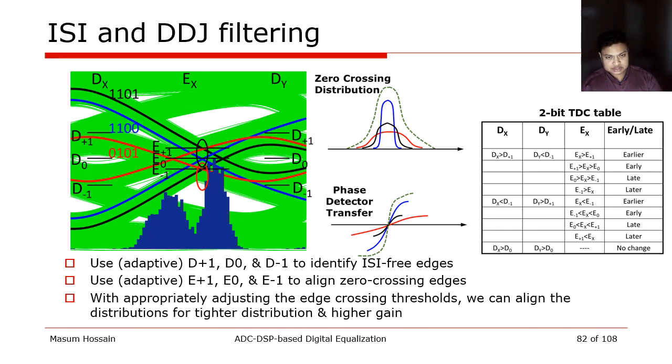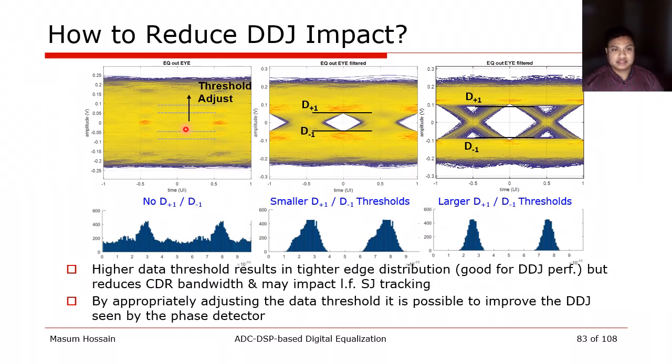But let's first see how this D plus 1 and D minus 1 can help the situation. It is more or less motivated by pattern filtering. In a very ISI-limited pattern, we can see the zero crossings actually are distributed across the UI, which can make timing recovery quite challenging.